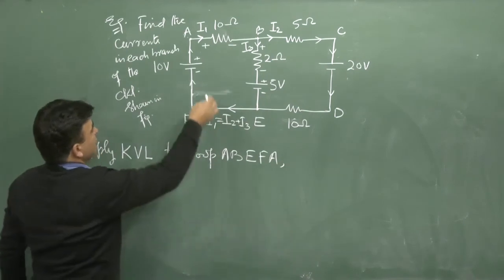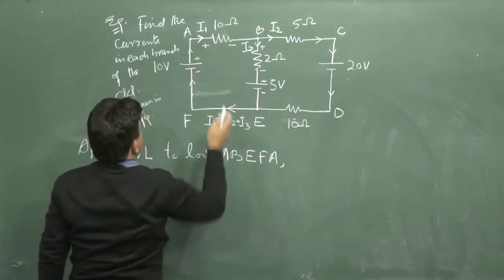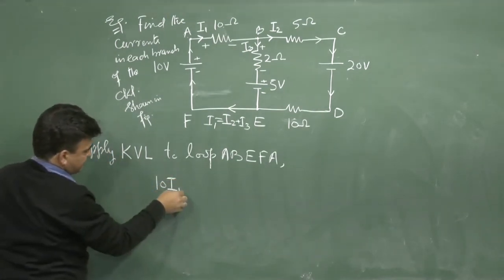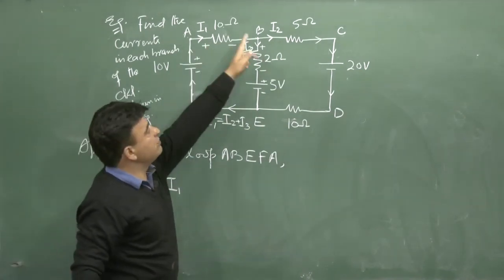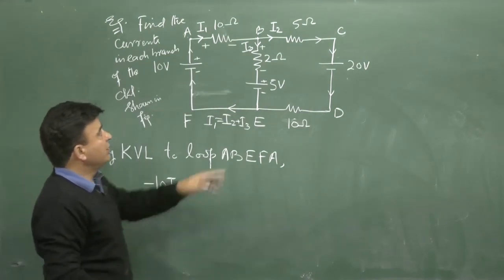So here I am moving from plus to minus. 10 I1, positive, negative. Motion is from A to B, so it is negative: minus 10 I1.